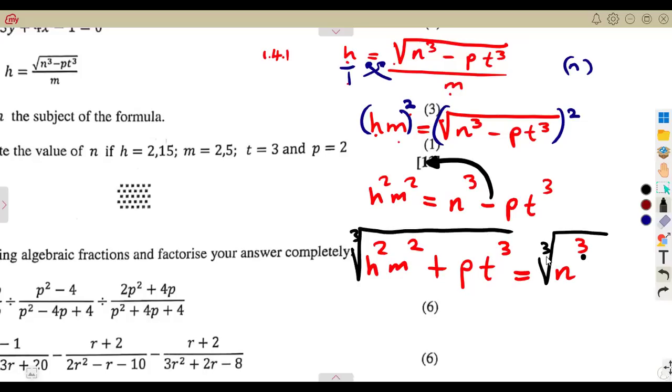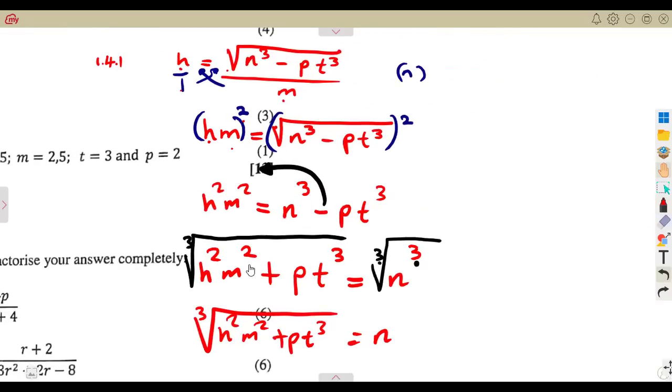So there must be a 3 here. This neutralizes the cube power, which is the exponent of 3, so that you remain with n. And this is equal to the whole of this part, which is the cube root of h squared, m squared plus pt to the exponent of 3. That's it.